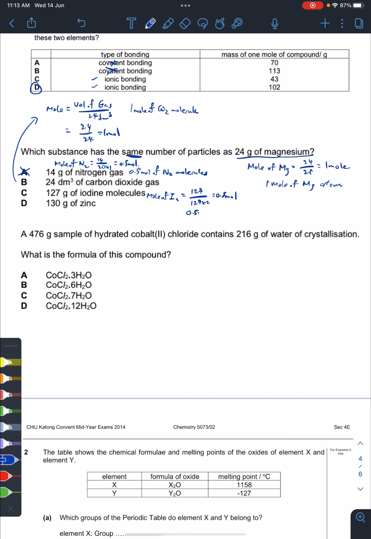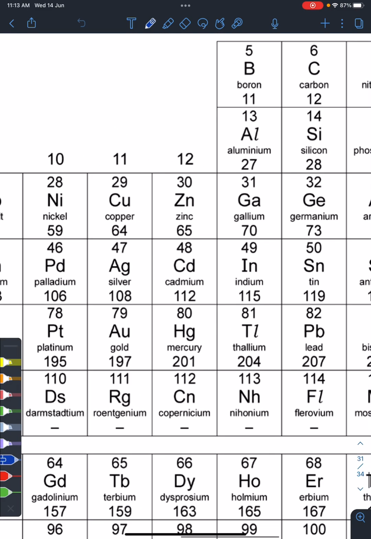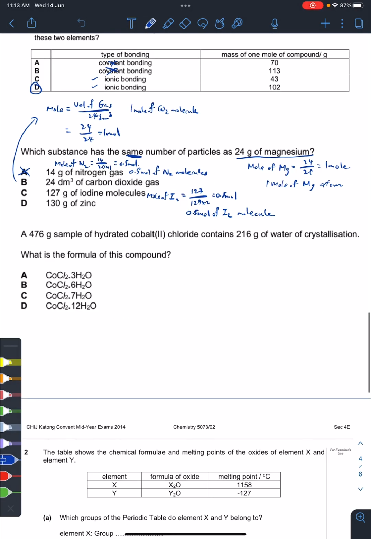So you have 0.5 mole of I2 molecule. And lastly, zinc. What is zinc? Let's take a look. Zinc is 65. So mole of zinc is 2 mole. So you have 2 mole of zinc atom. So answer is B. 1 mole, 1 mole. Cool.